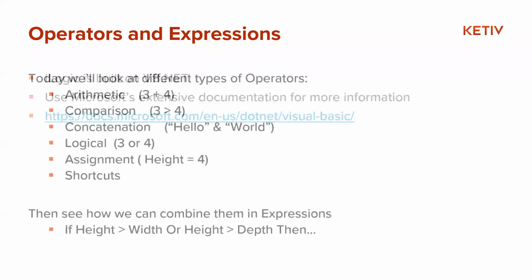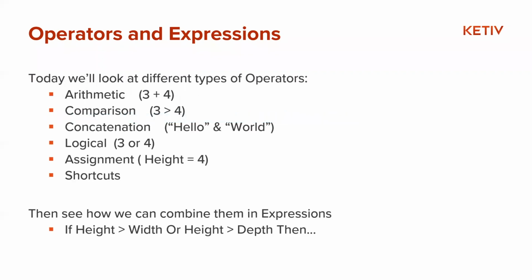So today we're going to take a look at a couple of different types of operators: arithmetic operators, comparison, concatenation, adding different parts together. We're going to do some logical operators, assignment, making variables equal other variables or values, as well as some shortcut operators that can help you with loops and cut down a little bit on your typing.